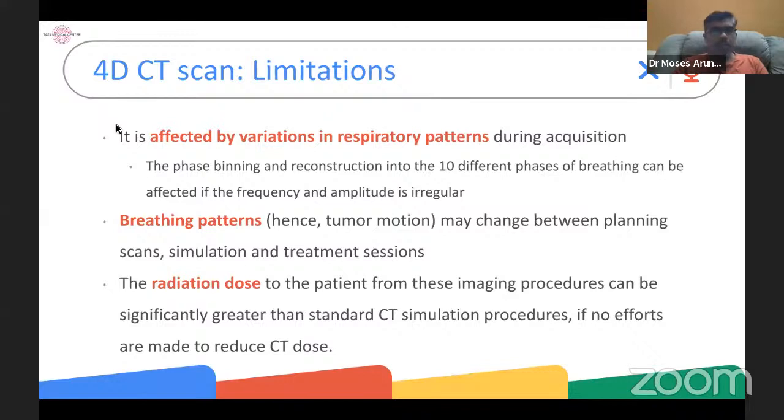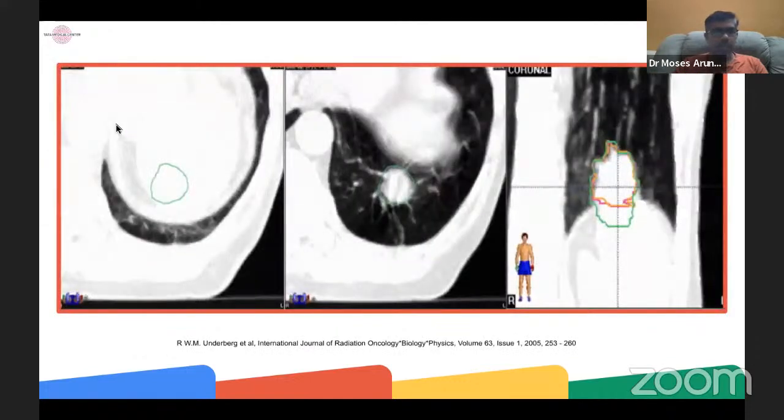But the limitations are that even during the acquisition of the CT, or in between the acquisition of the CT and the treatment delivery, the respiratory patterns can vary, and that will impact the kind of optimal coverage that you are able to give. The radiation dose from these techniques is much higher than a conventional CT scan.